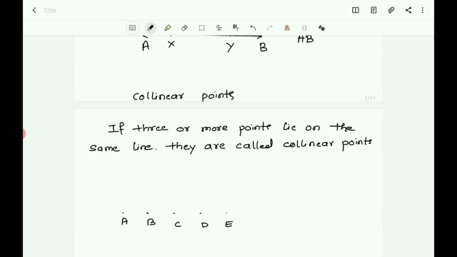So all these 5 points lie on the same line. So the points A, B, C, D, E are called collinear points as they are on the same line. The points which lie on the same line are called collinear points.